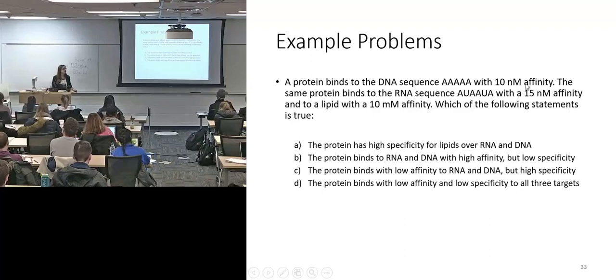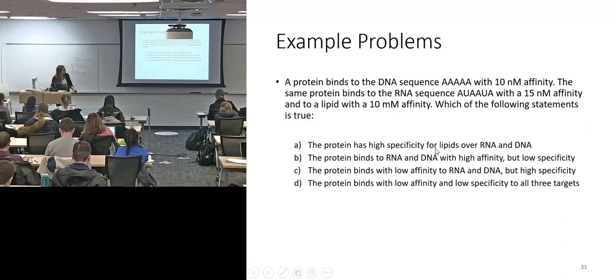That is what this is indicating to you. If you have 10 nanomolar affinity, it's saying that your dissociation constant KD is approximately 10 nanomolar or in that range. But for a lipid, it's 10 millimolar affinity, and we said things of low affinity or low strength are in this millimolar or even micromolar range.